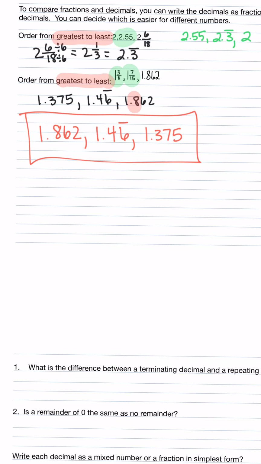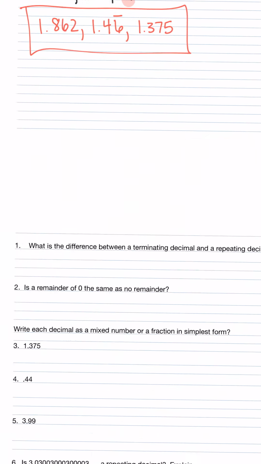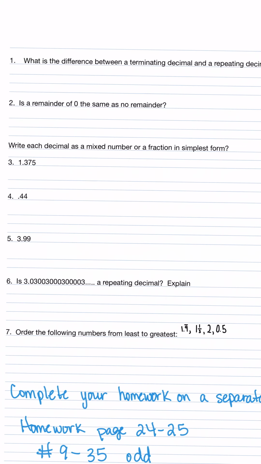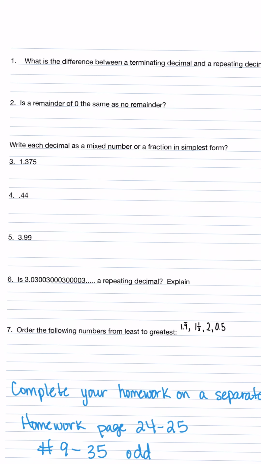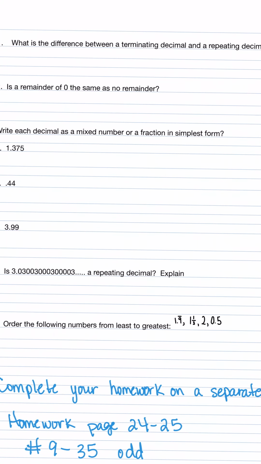Okay, so looking at our questions down here, what is the difference between a terminating decimal and a repeating decimal? So a terminating decimal stops, it terminates. Whereas a repeating decimal has a block of digits that repeat without end.